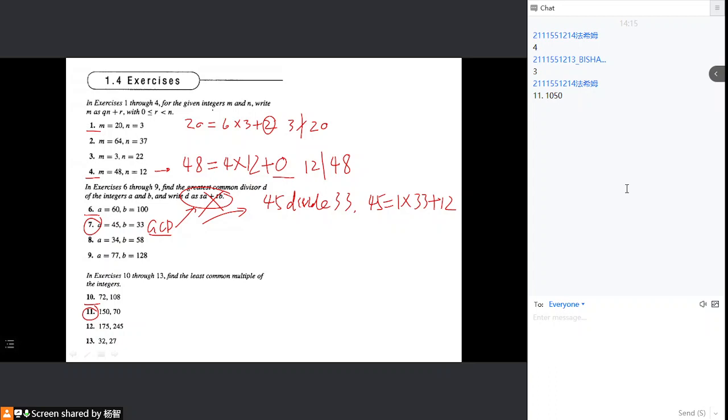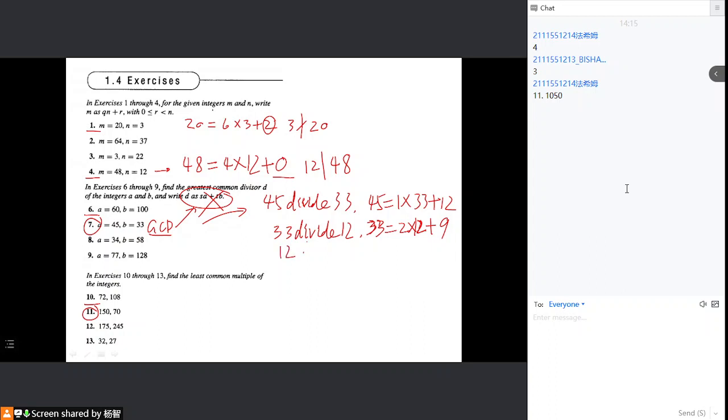Okay. So next, 33 divided by 12. 33 is equal to 2 multiplied by 12 and what? 9. Okay.